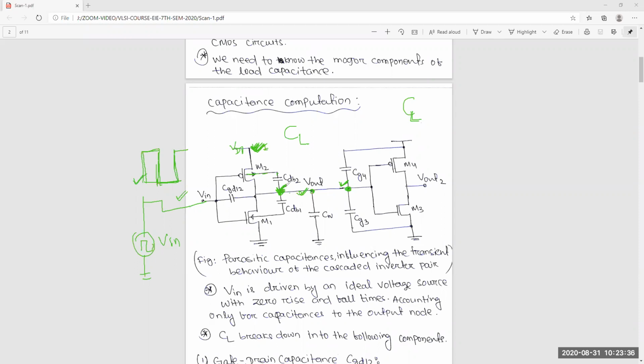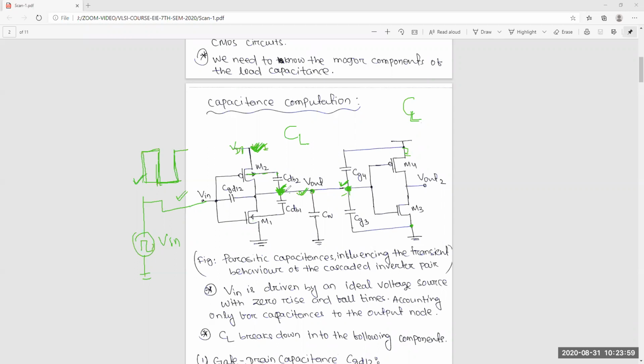Again, here this is gate, this is source. This is CGSN, this is CGSP. Again, it's also AC ground, this is also ground, so again two capacitances will come.